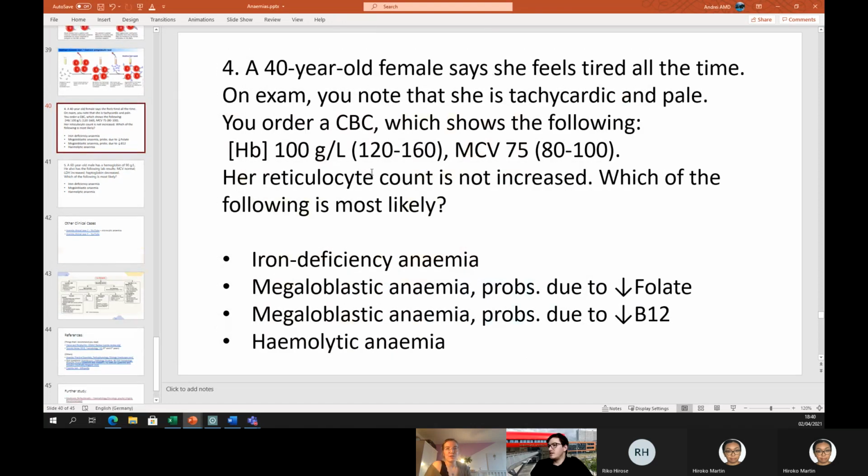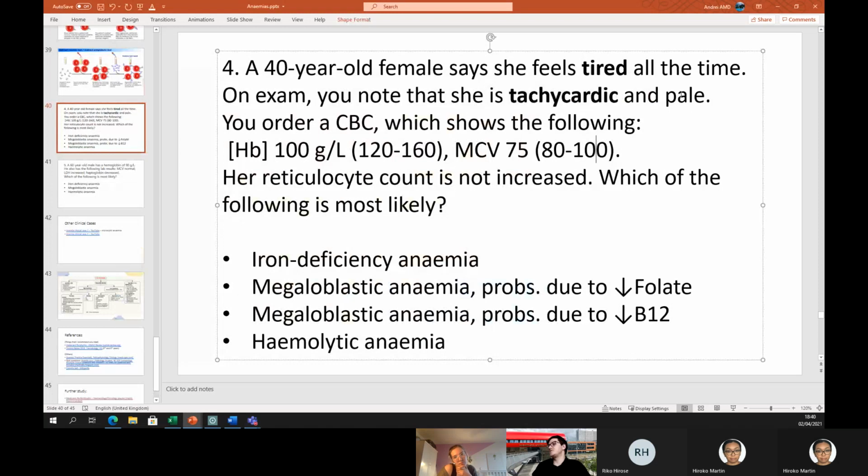All right, so let's say you have this 40-year-old female, and she says she feels tired all the time, right? You do a physical exam, and you see that she has what? Tachycardia, and she's pale. So that's pretty weird. You order a complete blood count.